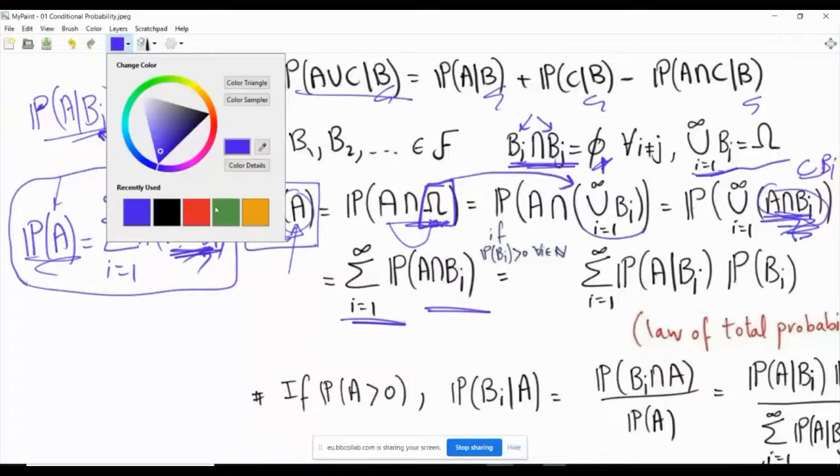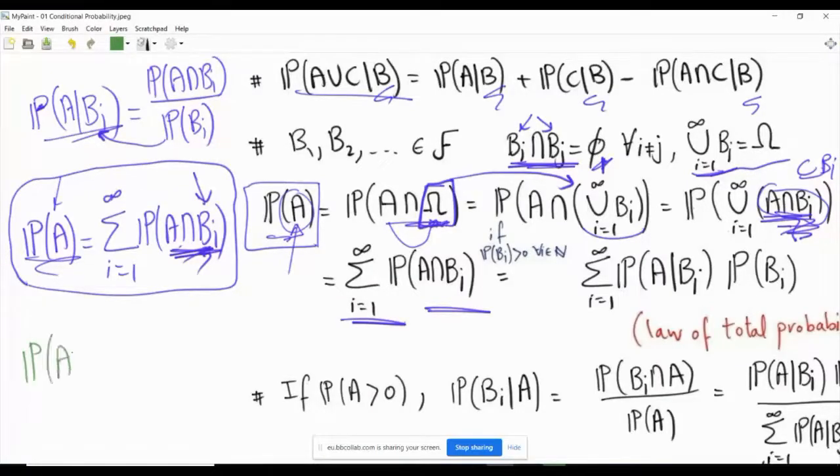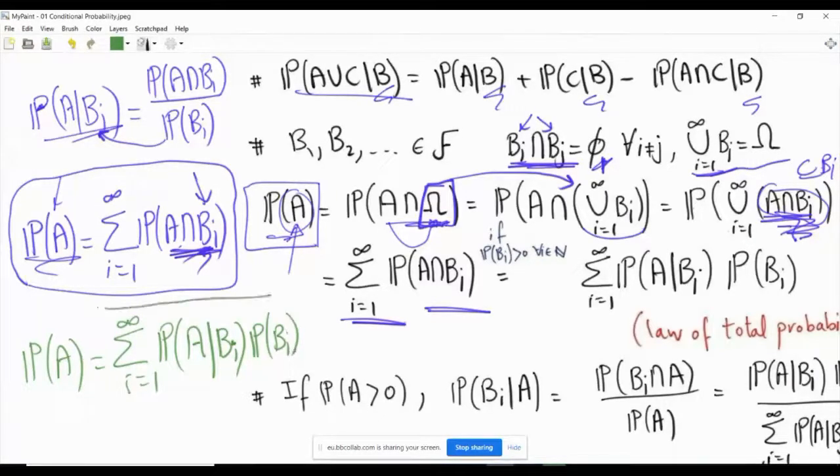So the other form is that the probability of A is the summation, i from 1 to infinity, of the probability of A given Bi multiplied by the probability of Bi. This is the law of total probability. You can write the probability of the intersection as the product of this conditional probability and the probability of each Bi.